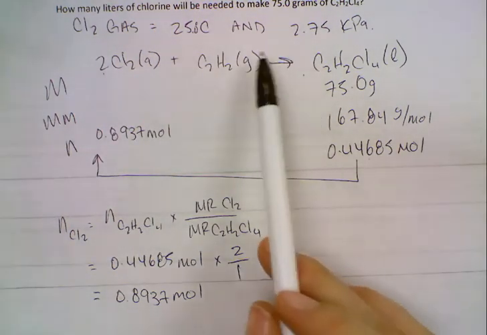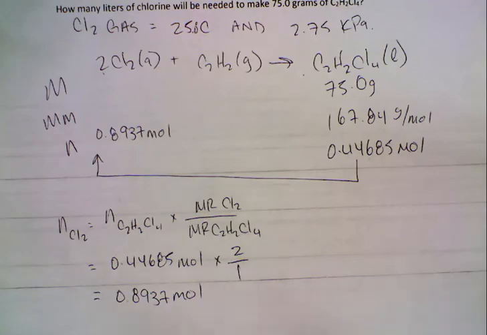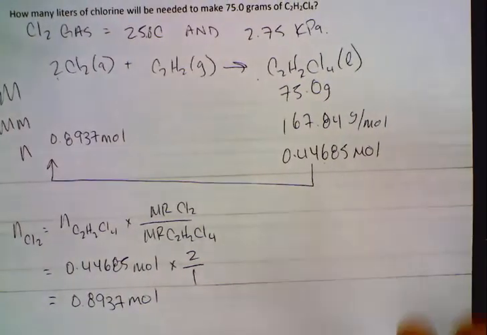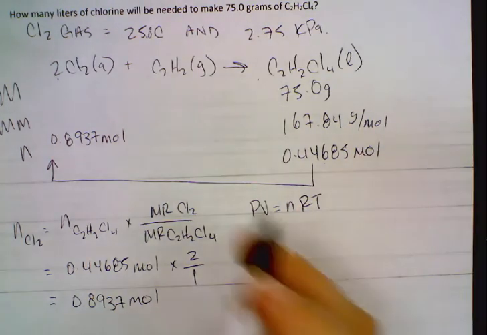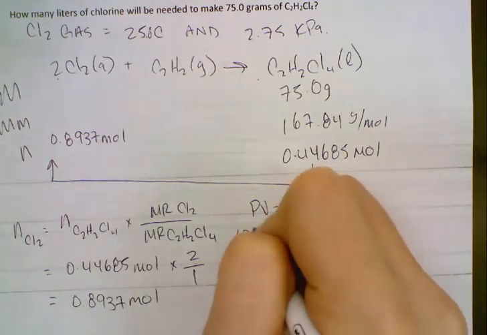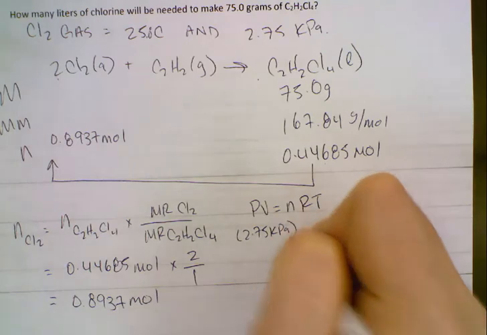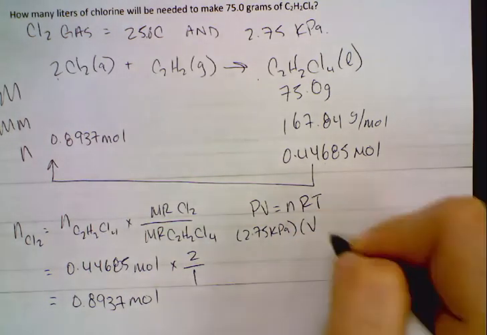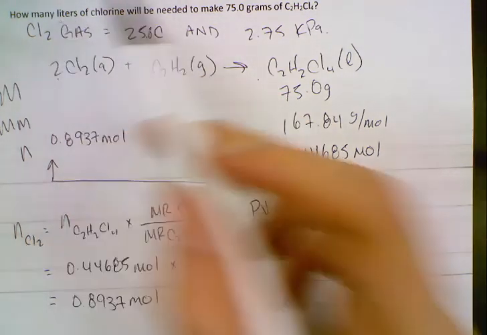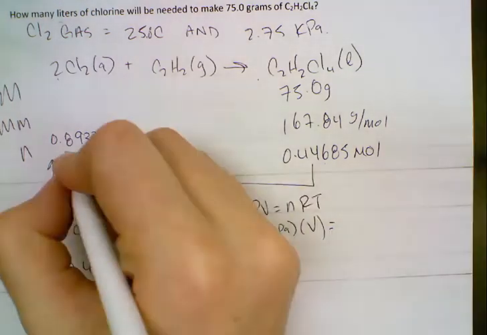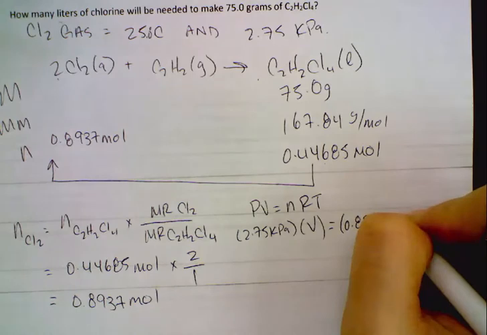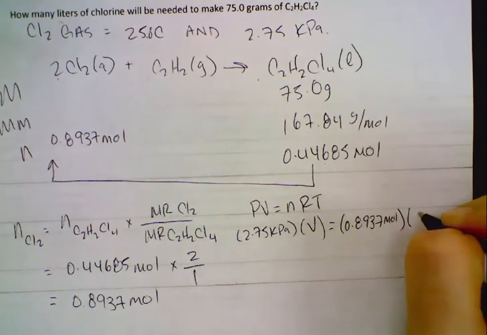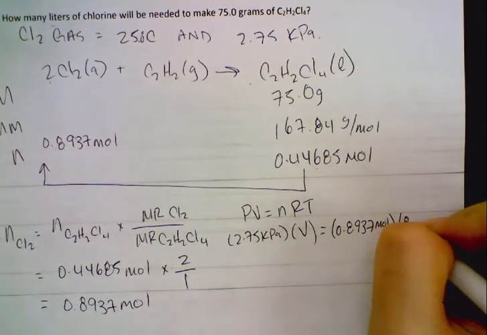Okay, because we are given a unique temperature and pressure, we can't use molar volumes, we would have to use the ideal gas law. Okay, but we're told our pressure. We're trying to calculate our volume. That's what the question asks for. We know our moles. We just calculated that. We know R because it's always the same.